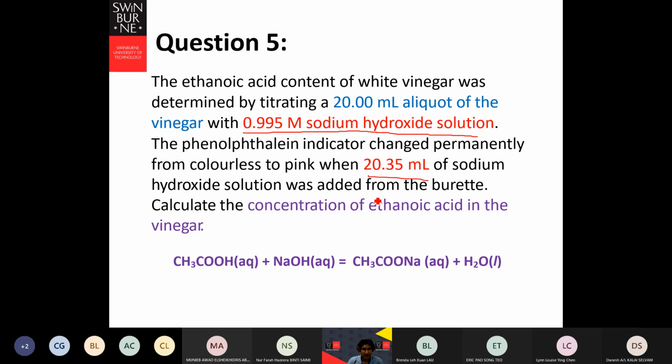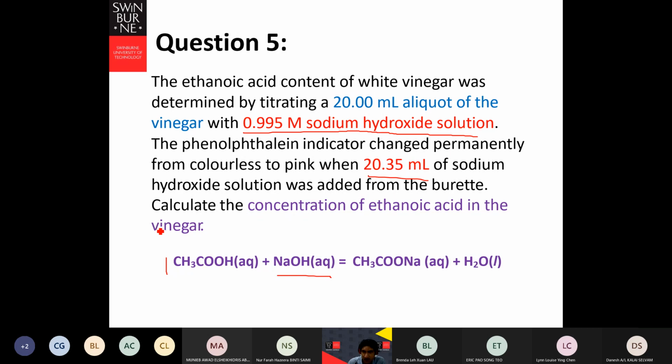Calculate the concentration of ethanoic acid in the vinegar. Ethanoic acid and sodium hydroxide react 1:1 as well, so if we know the number of moles of sodium hydroxide, we will know the number of moles of ethanoic acid as well.